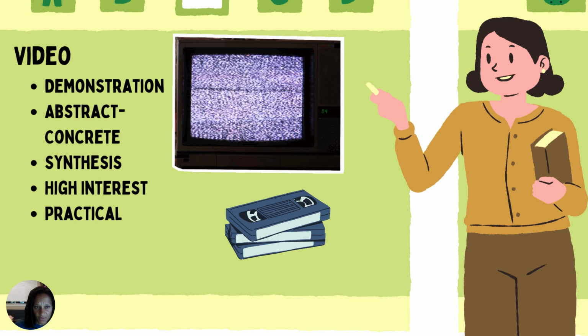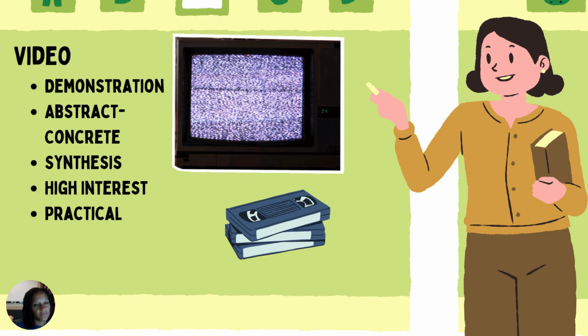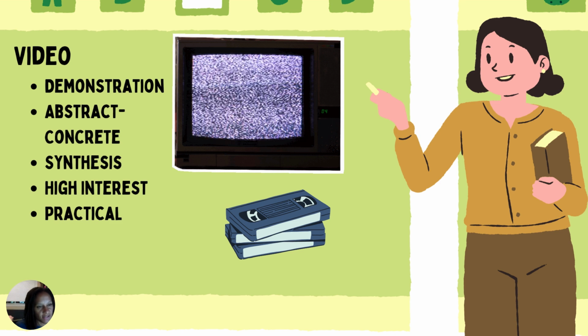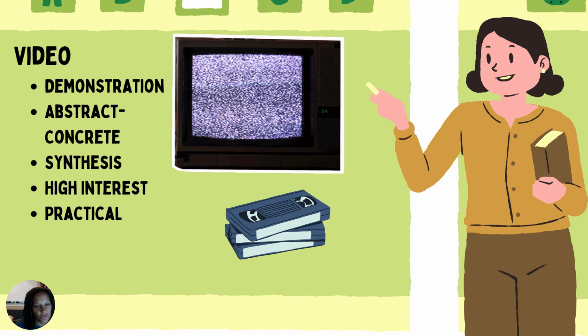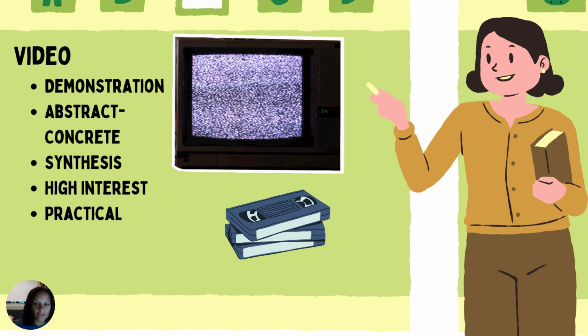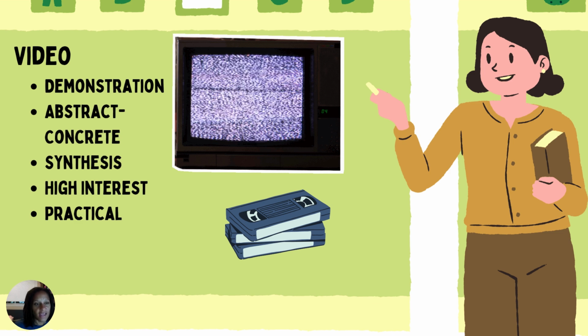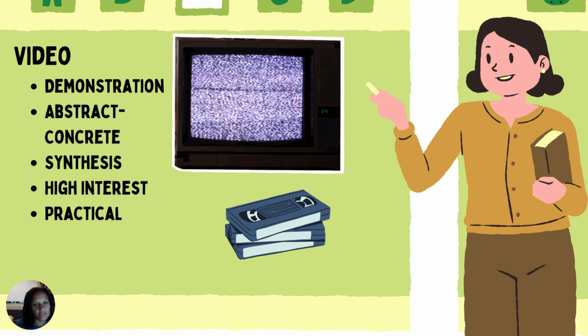Okay, video has a long history, right? Video is great, and it has technology affordances that allow for a greater synthesis. So you have abstract ideas that are explained. You have the audio and the visual together, and it allows students to get concrete images, but also get abstract explanations at the same time.